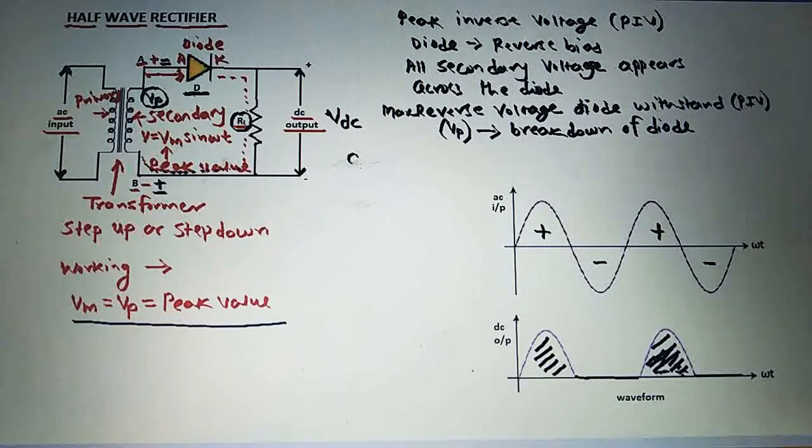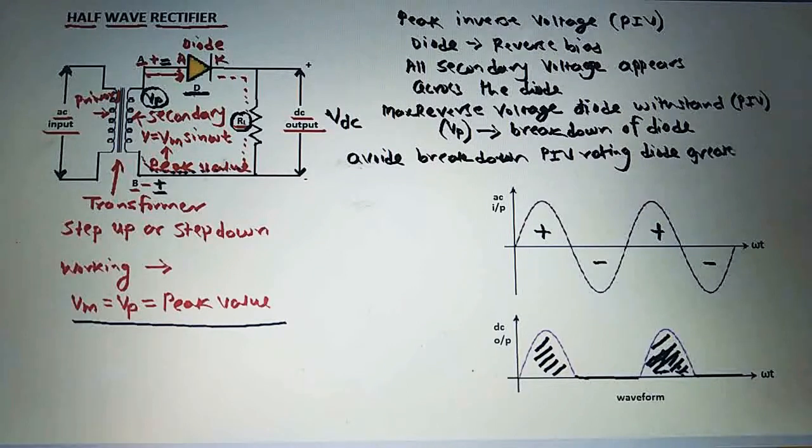So to avoid this breakdown, the PIV rating of a diode should be greater than this peak inverse voltage, and this peak inverse voltage here is Vp.